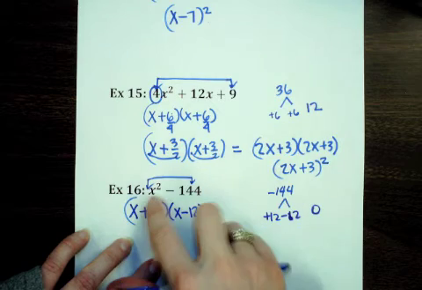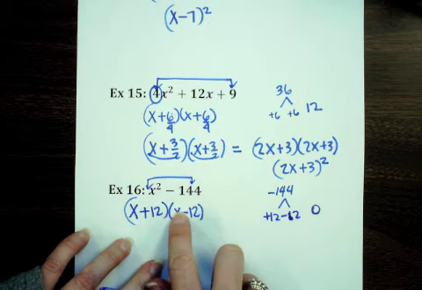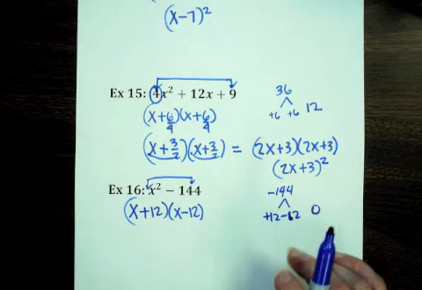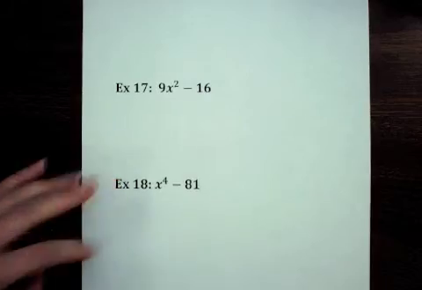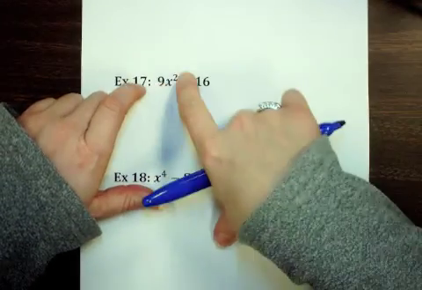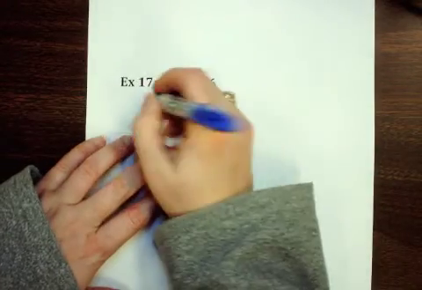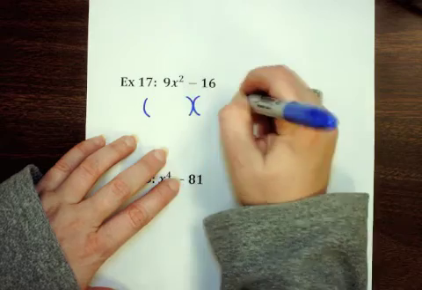You just do the square root of this and the square root of this, and then do plus minus sign. So if I recognize example 17 automatically is a difference of squares, in other words, a perfect square minus a perfect square, then I can go ahead and write those down.